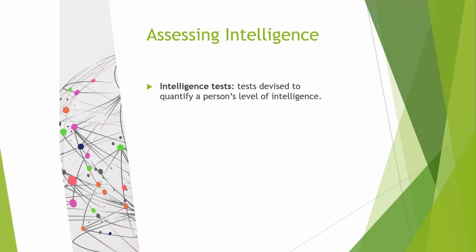Quantify means that we are going to put a number to it, and that number is going to be associated with a certain type of intelligence. We'll talk about that a little bit here, but then we'll talk about intellectual disability also in module 27.